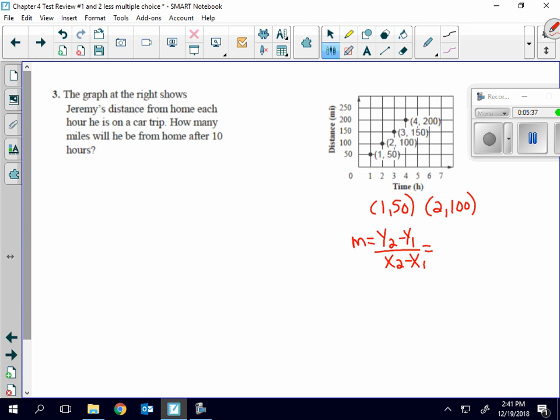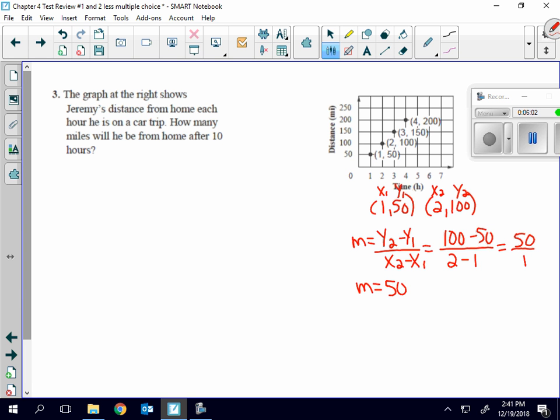Okay, so we have x1, y1, x2, y2, and I'm just going to plug them in. 100 minus 50 over 2 minus 1. And that is 50 over 1, which is just 50.